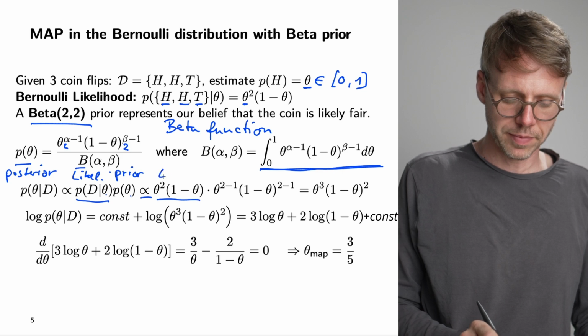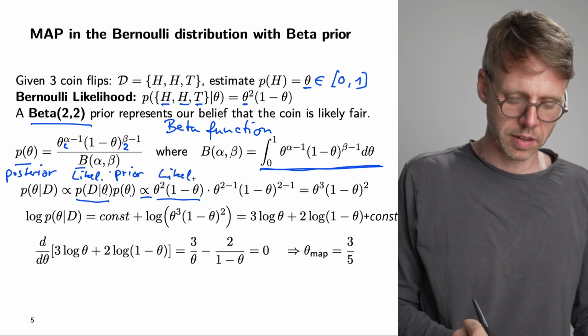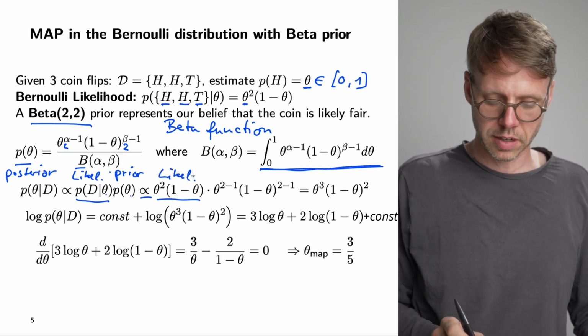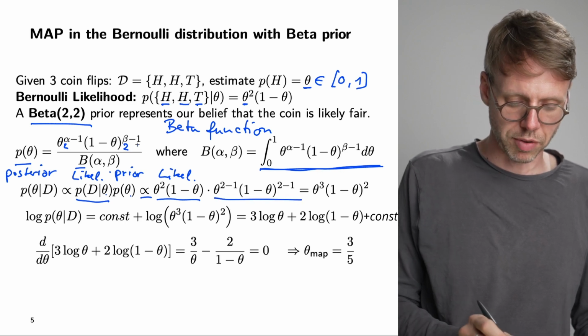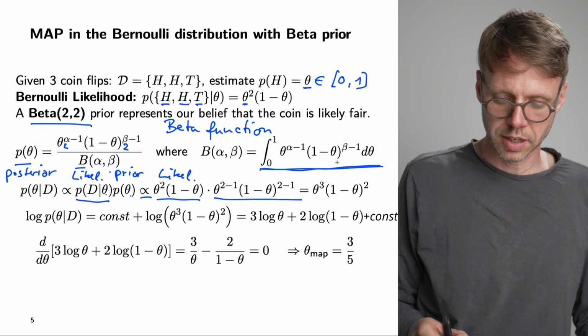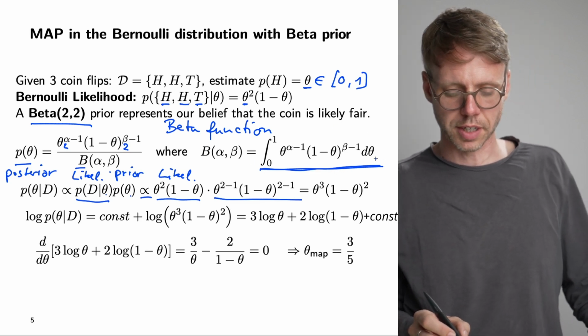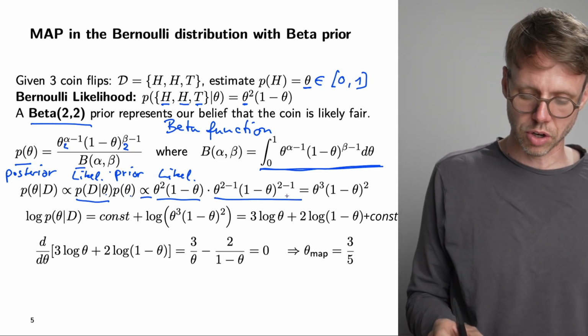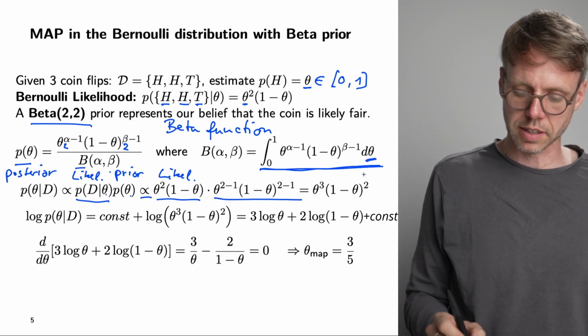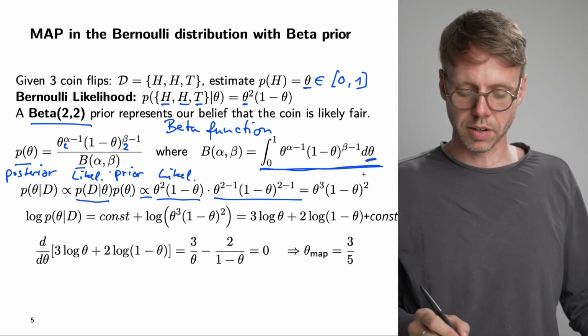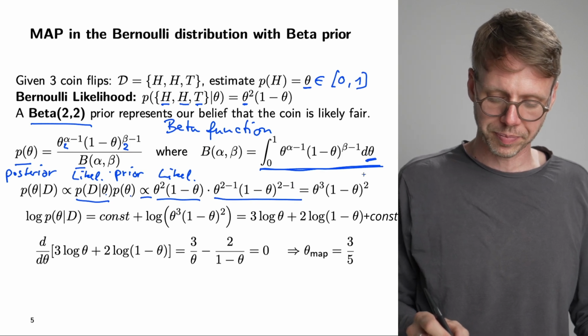That's our likelihood, times the top part of our prior. So we left out the normalizing constant of our prior because the normalizing constant does not depend on theta, because it integrates over theta, over the whole value range.